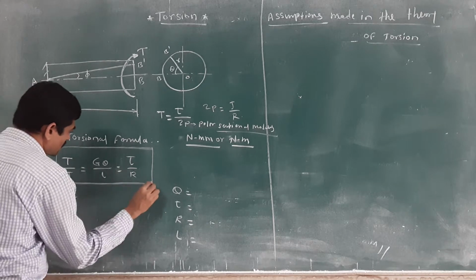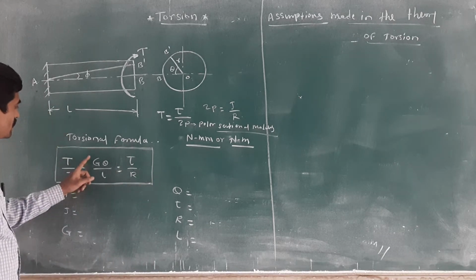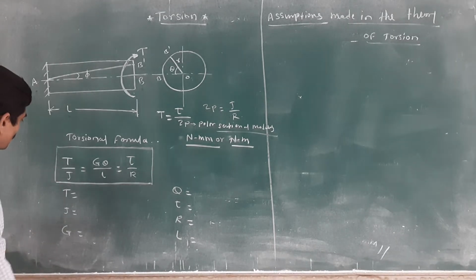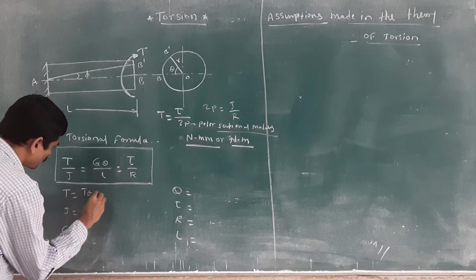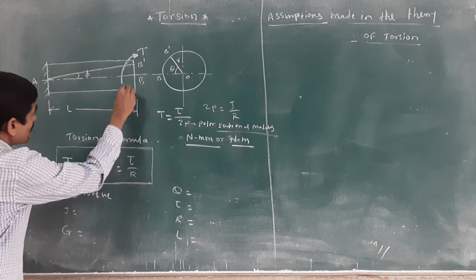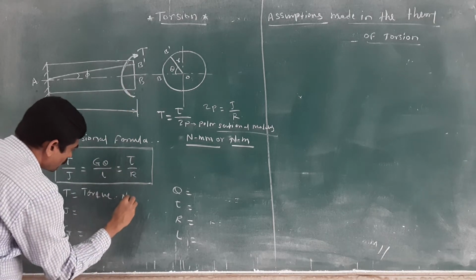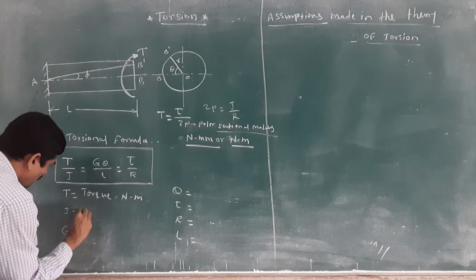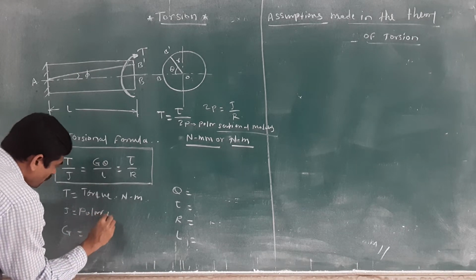You should remember this one formula in unit number 4: T by J is equal to G theta by L is equal to tau by R. What is the T? T is the torque acting on this shaft. This is given in Newton meter. Then what is the J? J is the polar moment of inertia.